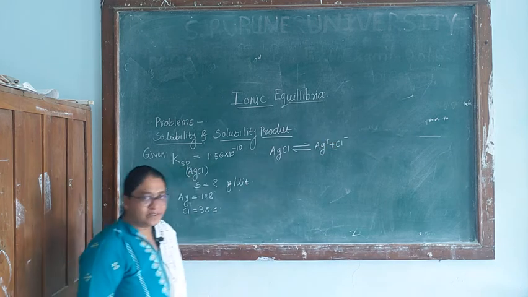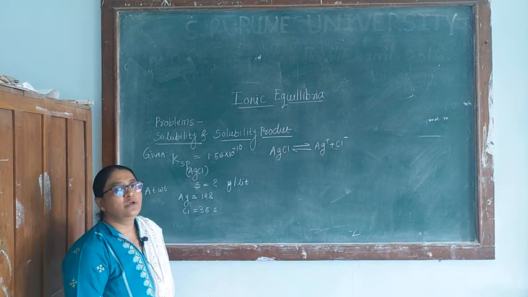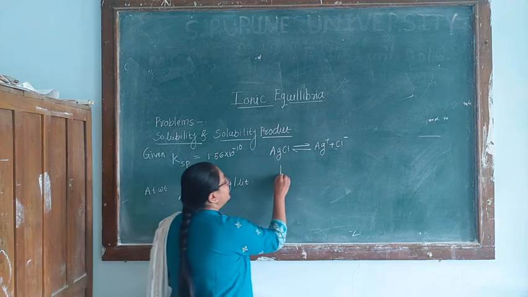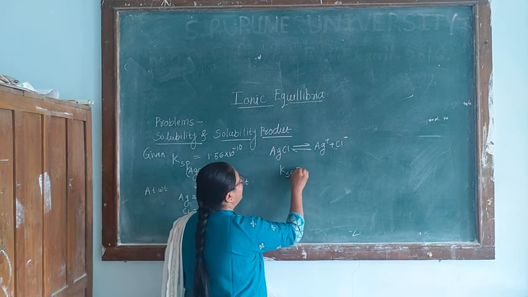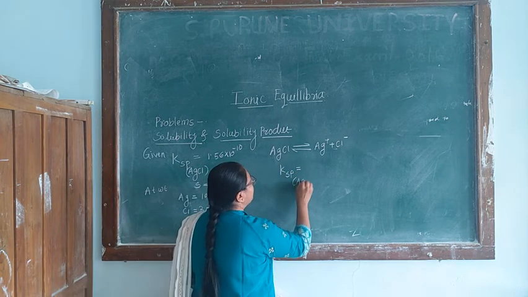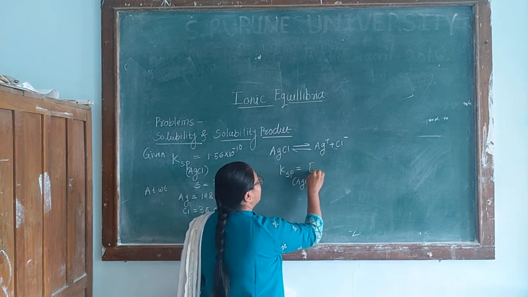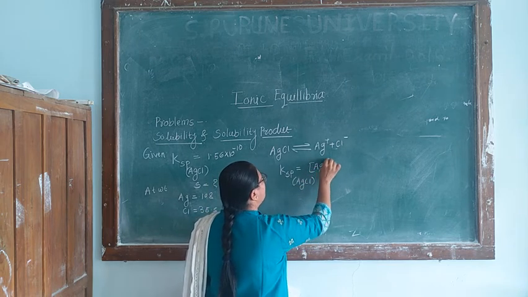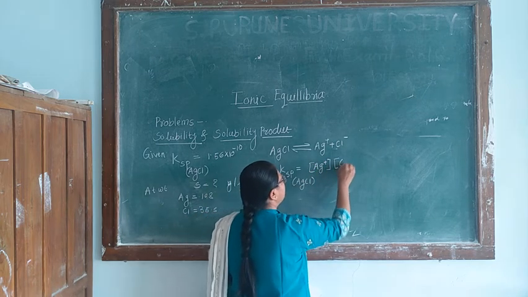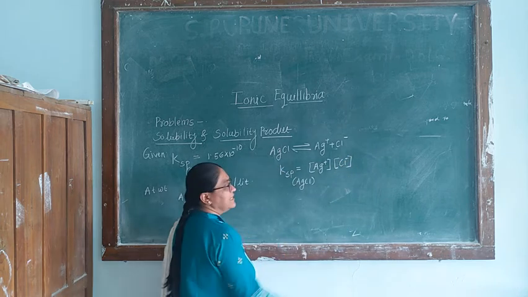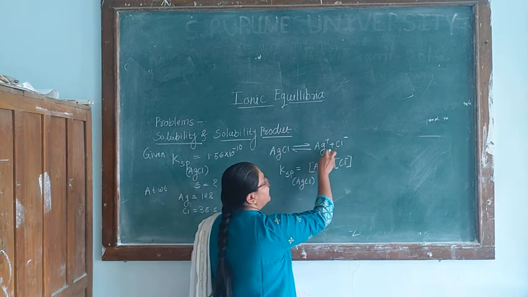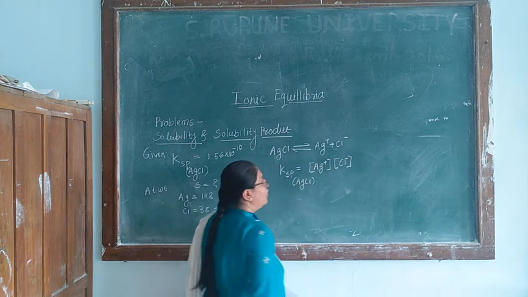Only one ion of silver and one ion of chloride are formed. Therefore, the solubility product for silver chloride is the concentration of the Ag+ ion into the concentration of the Cl minus ion, and their powers are 1.